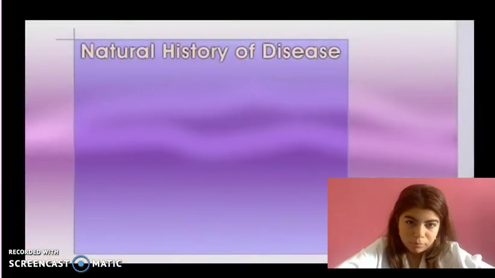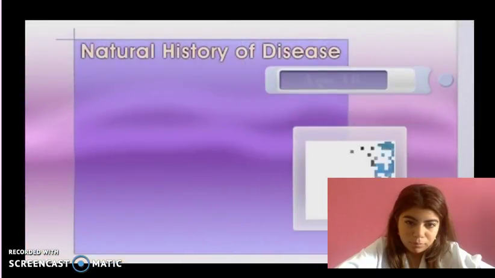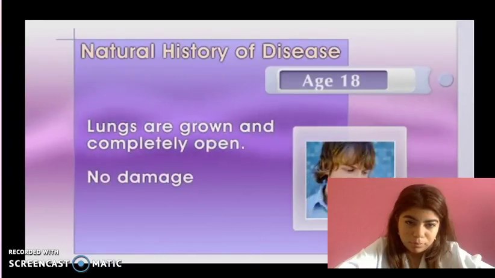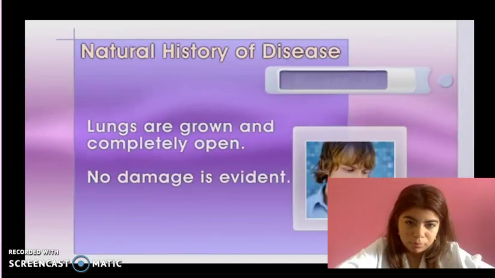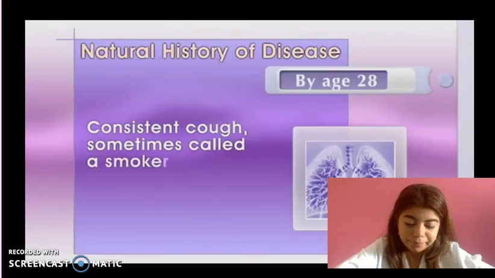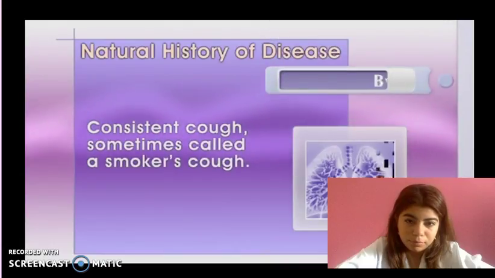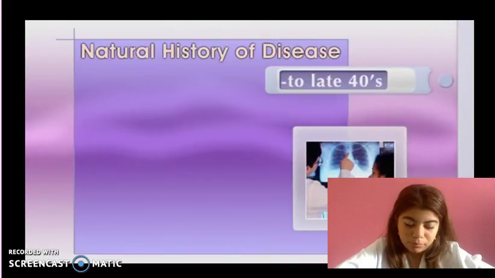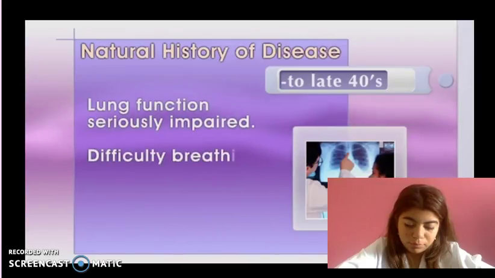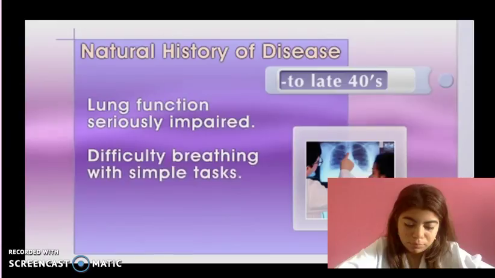Here is a typical example of someone who starts smoking when they are young. At age 18, the lungs are grown and completely open. No damage is evident. By age 28, there is a consistent cough, sometimes called a smoker's cough. By the mid to late 40s, lung function is beginning to be seriously impaired, and there is difficulty breathing with some simple tasks.